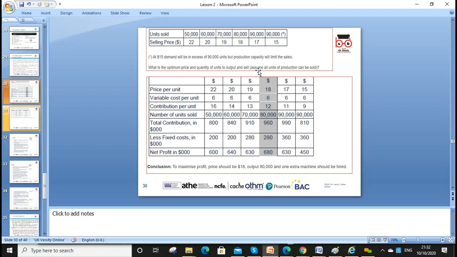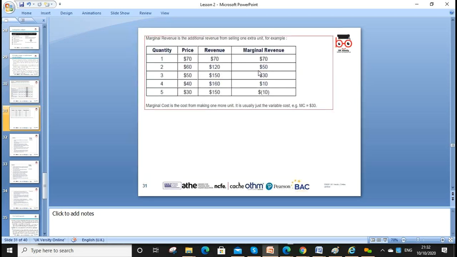You will see there is a contribution difference. So number of units sold, and on the 12 we can sell more units and the contribution is this, less the fixed cost, and we can maximize profit at this point. So it's better that we sell at that price so we can maximize our profit, maximize our sales, and the contribution will be high.